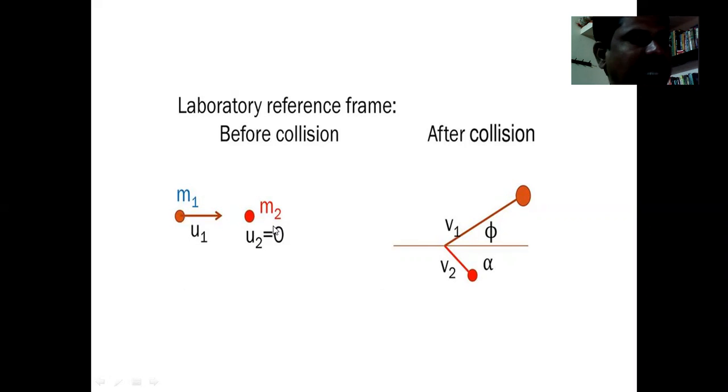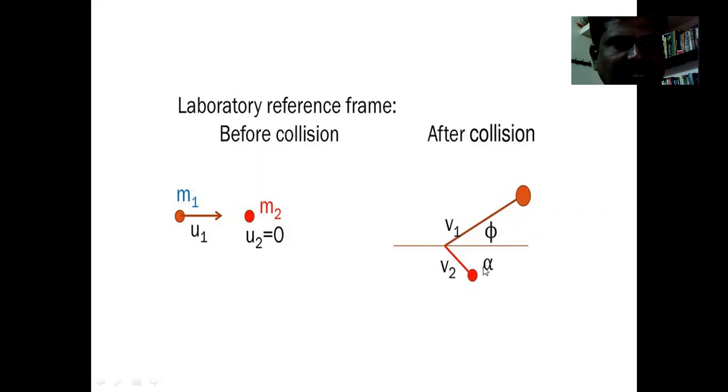after collision, what is happening? The first particle m1 moves in this direction, making an angle phi with its initial direction, whereas the second particle moves in the downward direction, making an angle alpha with the initial direction. Here v1 is the velocity of the first particle after collision, and v2 is the velocity of the second particle after collision.